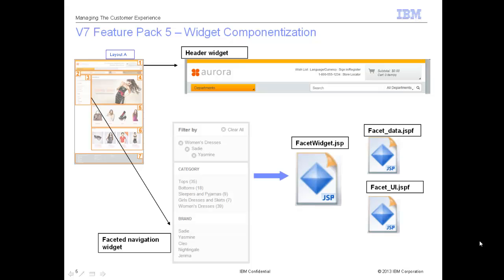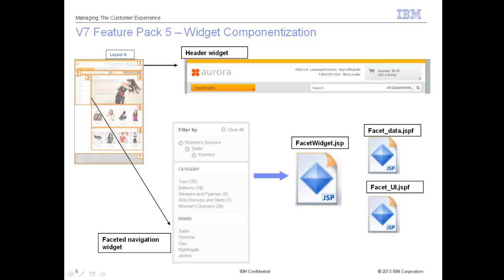Examples of widgets, as you can see here: the first box, we have a header widget. The header widget is in charge of rendering the entire header. In box number 3 here, we have a faceted navigation widget. This is the widget that displays all the facets for a category.